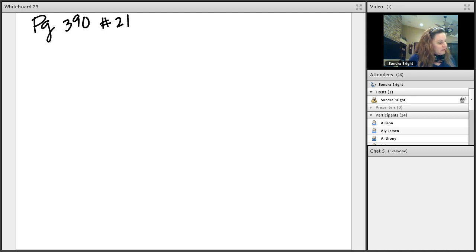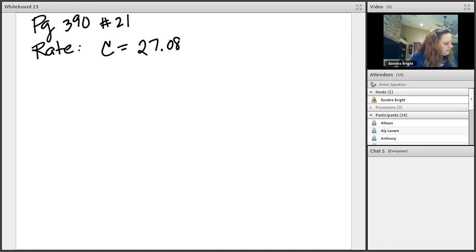It says the rate of consumption of oil in the U.S. is given by this function, 27.08 times e to the t over 25, where t is the number of years after January of 1980. Find the total consumption of oil from January of 1980 to January of 1990.